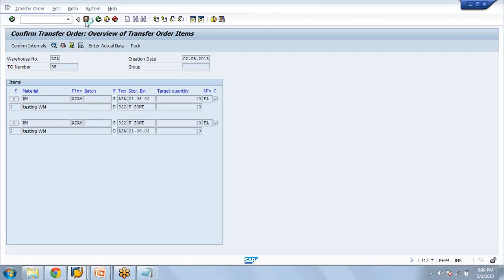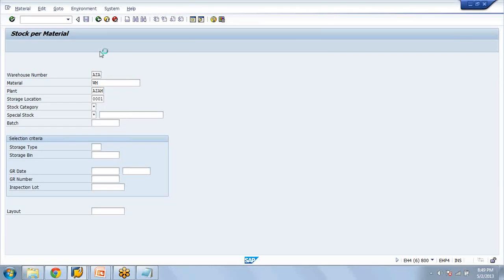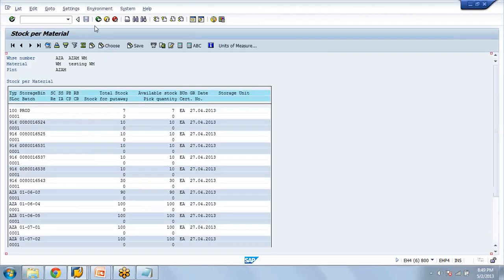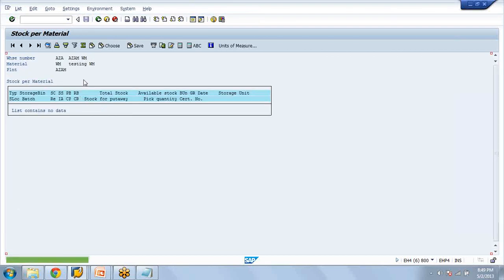Now go and search for the material in the storage bin. It should not be there now, because there is no material with that stock category.